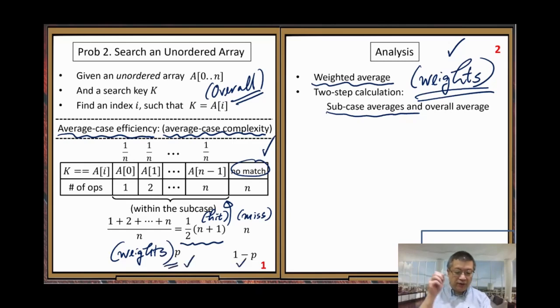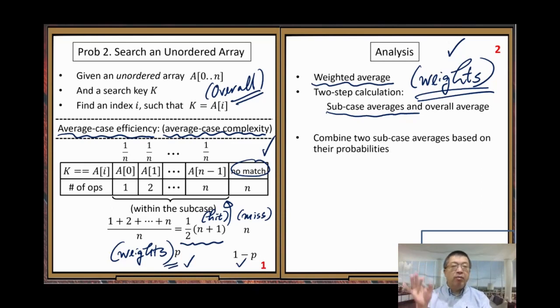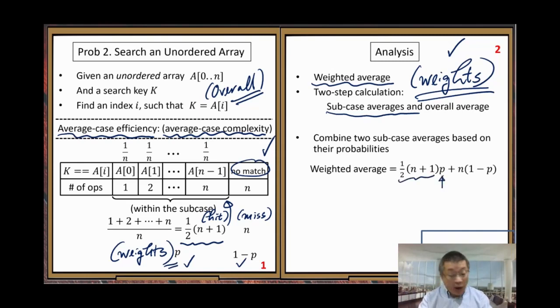Okay, now we are ready to combine these two subcase averages based on their probabilities. The weighted average we write this way: the first sub-average multiplied by the first weight, plus the second sub-average multiplied by the second weight. All right, that's the answer.